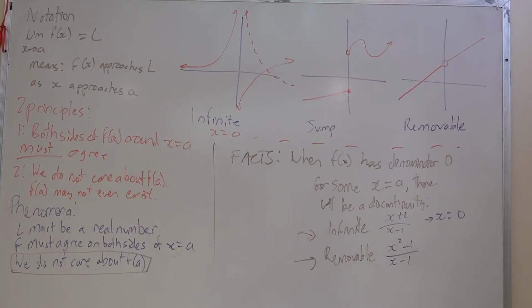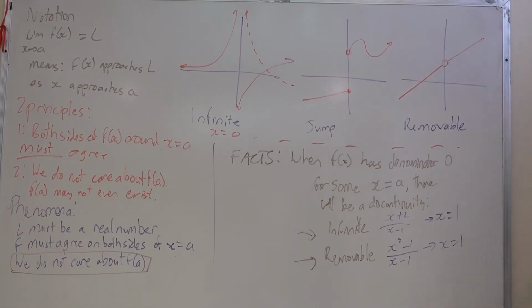So if this paragraph over here was a little confusing, all I'm saying is if f has a denominator 0, when I replace x with some number, then there will be a discontinuity at that number. So in this case, when I put x equals 1, that means that there will be a discontinuity at 1. And similarly, over here, when x equals 1, the denominator will be 0. So we know there will be a discontinuity there.